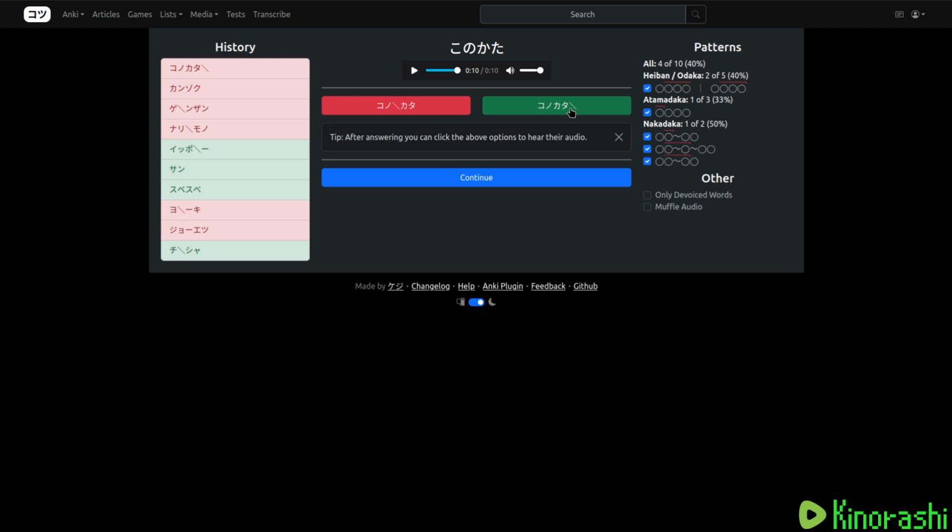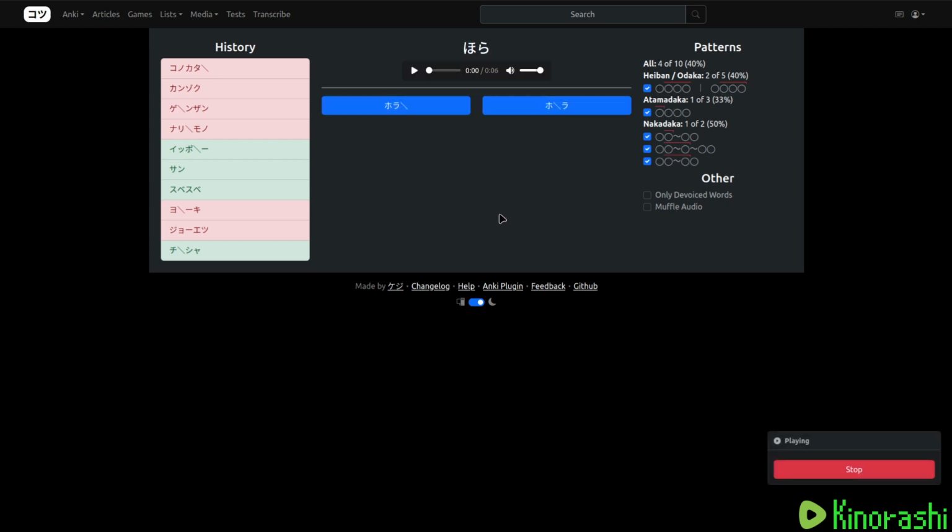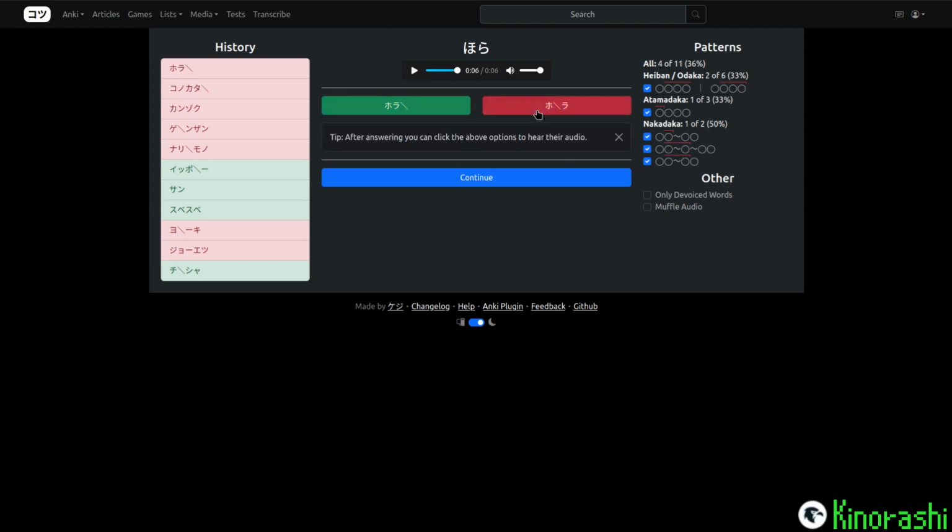Kono kata. Hora. Okay, this is an Odaka.